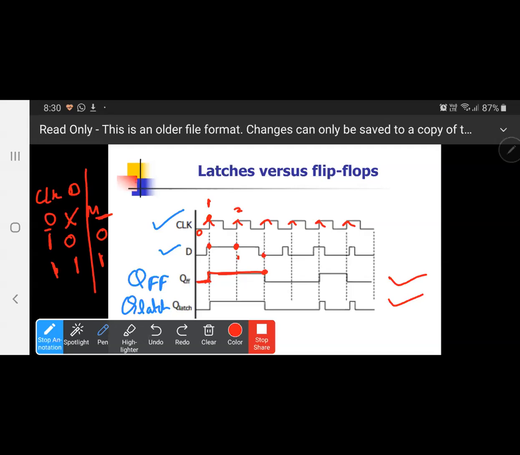What is the value of D here? 0. So it will be 0 till here. Now check what is the value of D here. 0. So it is 0. Now what is the value of D here? 1. So it is 1. Now what is the value of D here? 0. So 0. Clear or not? Yes. Clear to everyone, girls?